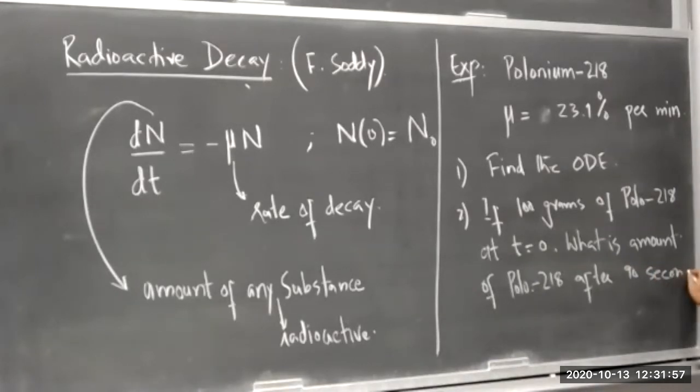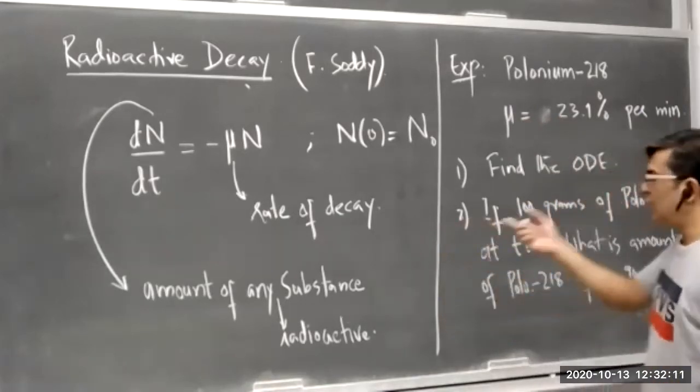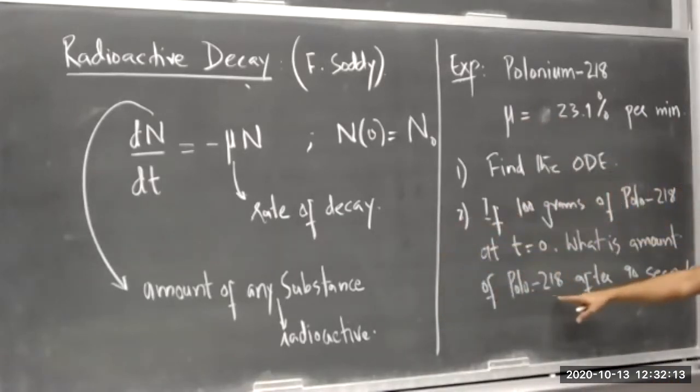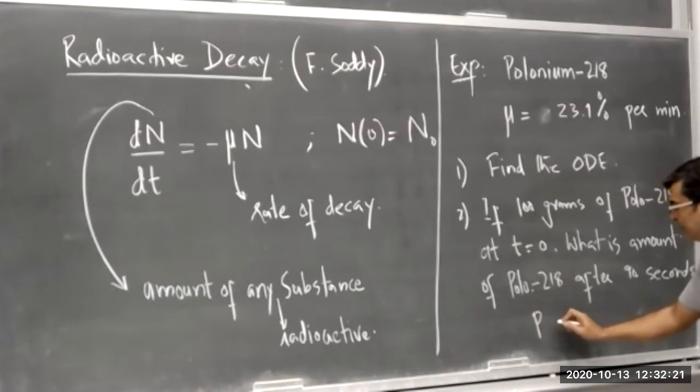We are given the rate per minute, and we have to calculate the amount of polonium after 90 seconds. Either you convert that rate into seconds, or you convert this time into minutes. It is relatively simple to convert the time into minutes. So we have to compute polonium at 0, which is what?